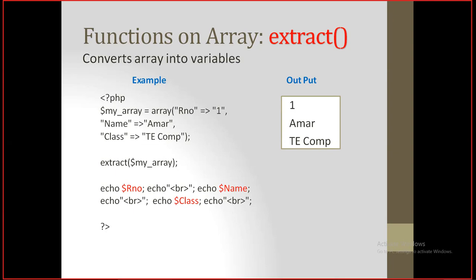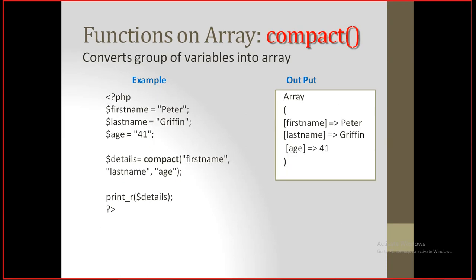So this is the extract function which we use to create variables from the array keys in case of named key arrays. Next, exactly opposite to the extract function is the compact function. In the compact function, we combine a set of variables and form an array out of them.